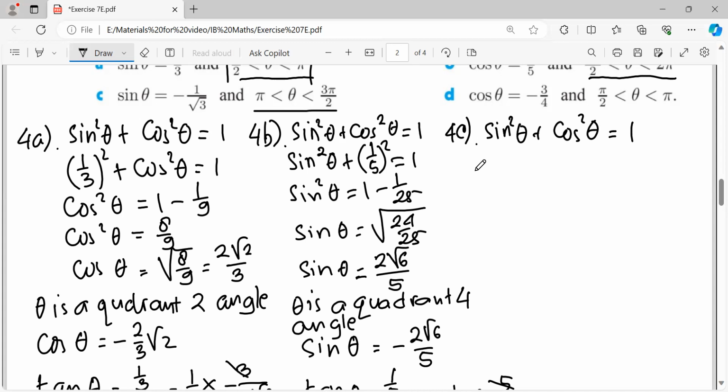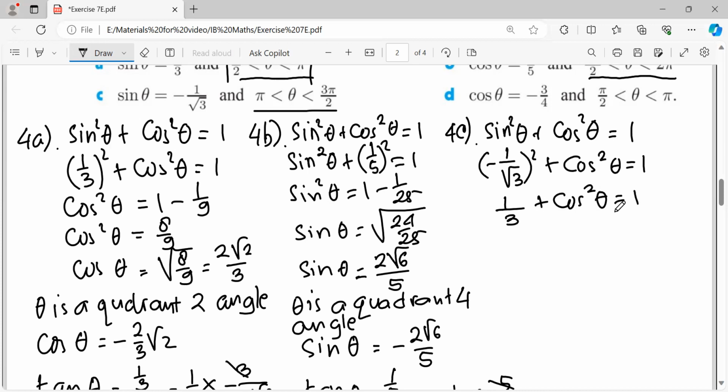Okay, sine theta equals negative 1 over square root 3, squared, plus cosine squared theta becomes 1 over 3 plus cosine squared theta equals 1.